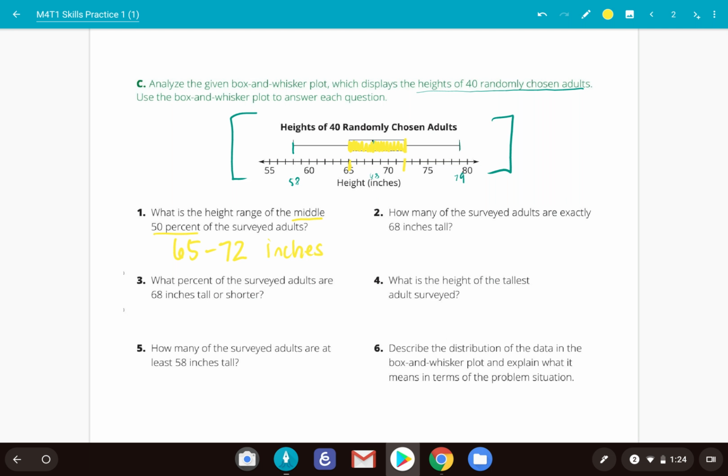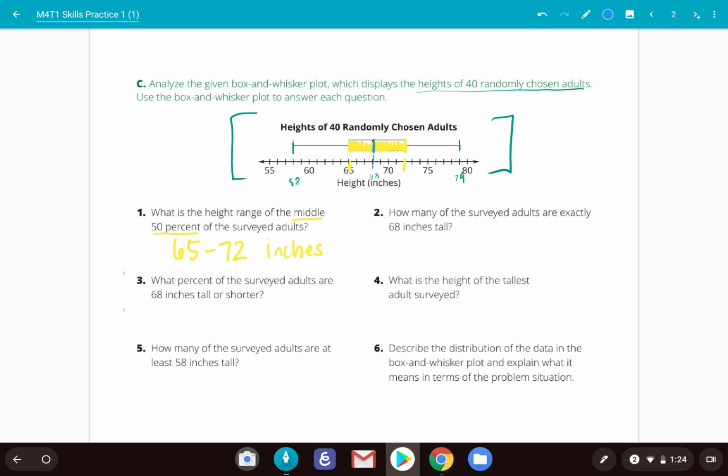Number 2, how many of the surveyed adults are exactly 68 inches? The one thing about a box and whisker plot is that we don't know exactly how many. There could be 2 that were 68, you just know that the middle number was 68.